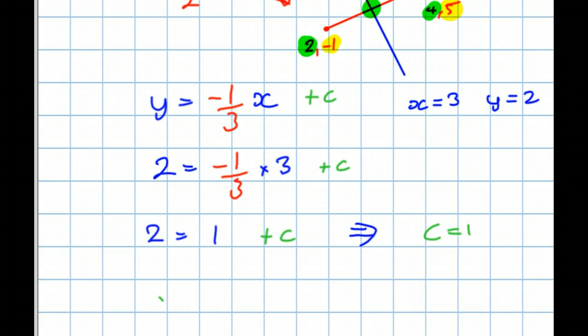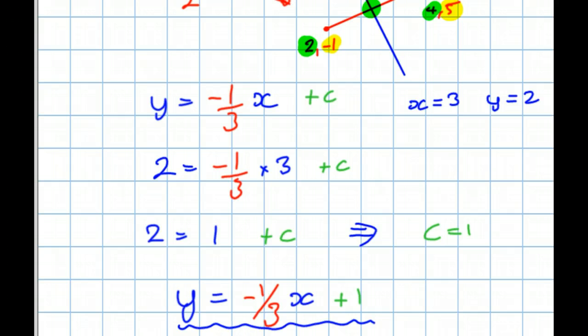So the full equation of my line is y equals minus 1/3 x plus 3. Now, if you're getting questions like this right, and you've got the earlier ones, I think you're well on the way to a grade A star. Okay, thank you for listening.